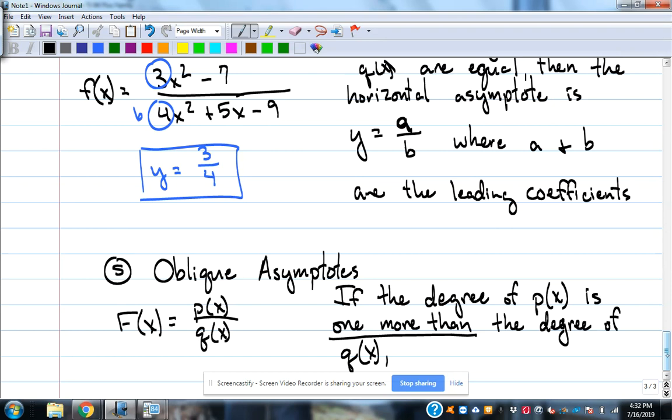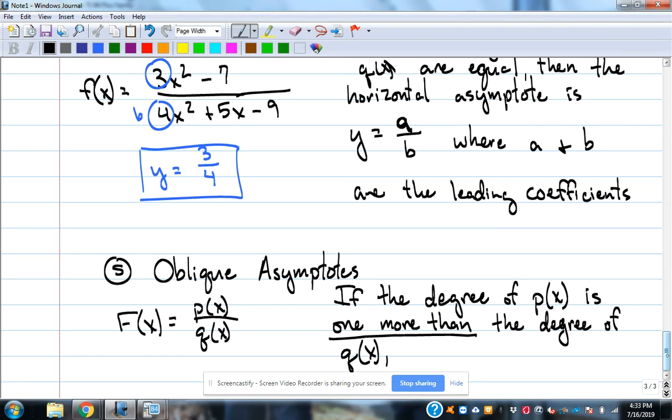Okay? It has to be 1 more than. Can't be 2 more than, can't be 5 more than. It has to be 1 more than, only 1 more than. So it's got to be like x cubed over x squared, x to the 4th over x to the 3rd, x to the 26th over x to the 25th. It has to only be one difference, okay? On the top has to be 1 more than the bottom.